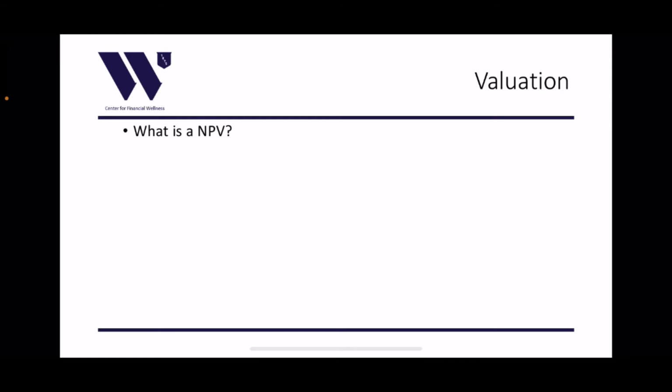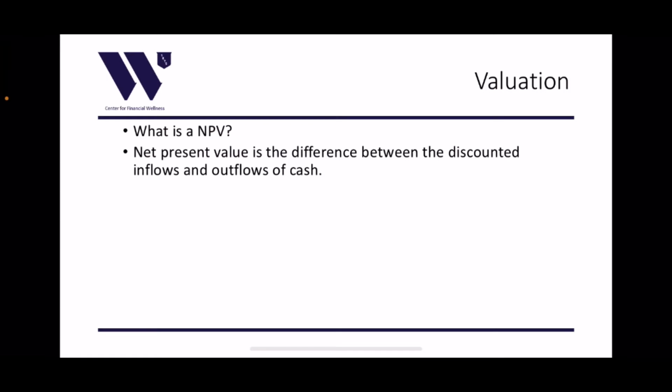So we need to look at what net present value means to us as a company. And really just the definition of it is it's the difference between the discounted inflows and outflows of cash. So when we're talking about the inflows of cash, it's those $3,000 as well as the salvage value at the end of that 4th year. And all of those cash values are discounted each year.